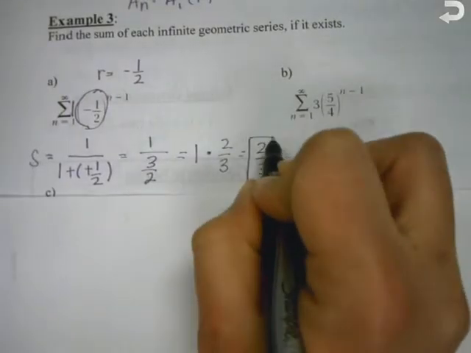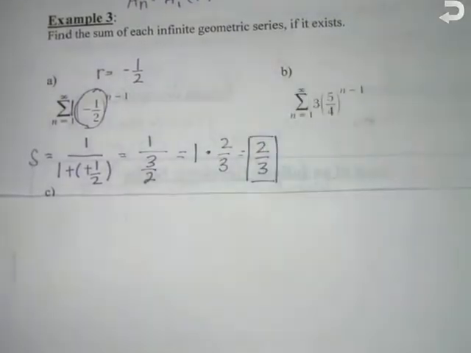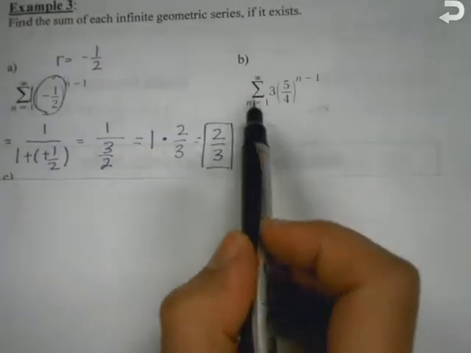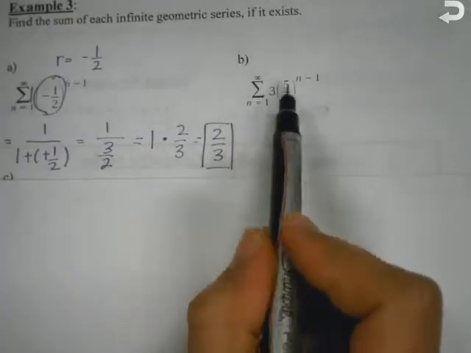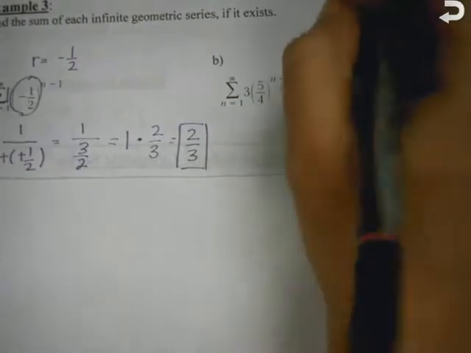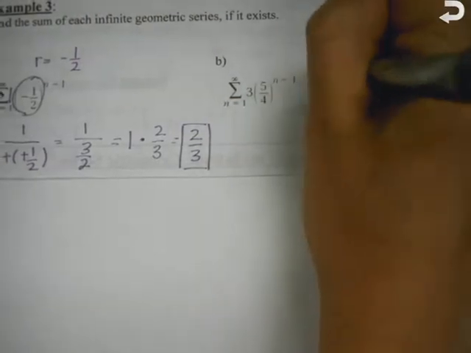B. The sum from 1 to infinity of 3 times (5/4) to the n minus 1. What is R? 5/4. Is R, is 5/4 between 1 and negative 1?